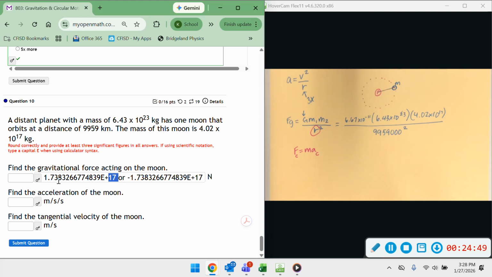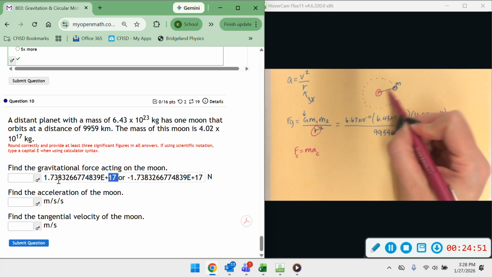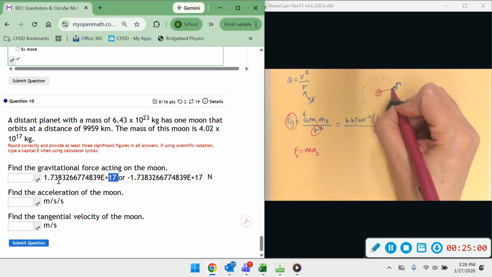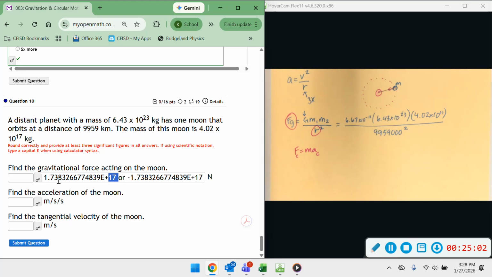And I do know my centripetal force. The force that pulls this moon inward is Fg. That is my centripetal force for any object in orbit. So that inward force here is Fg, and so I know this. I can take my answer from the previous question. It's still on my screen over here.